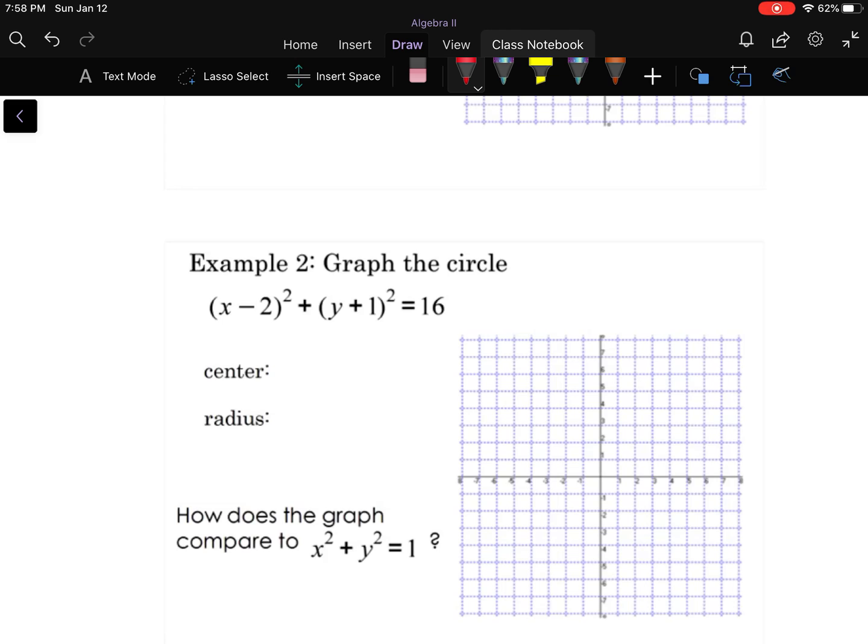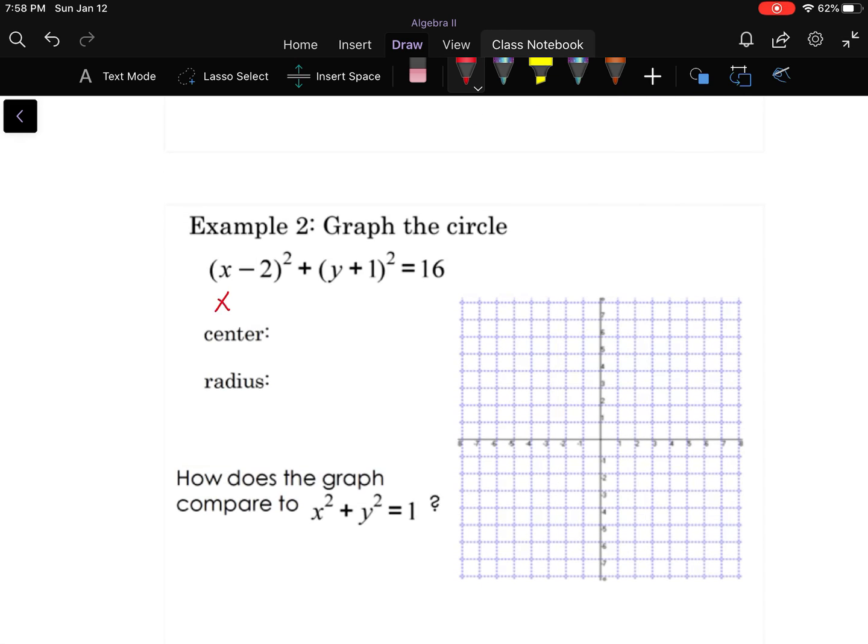I have x minus h, so h is positive 2. Y minus k, so I'm going to make that y minus a negative 1, so negative 1 is the other part of my center. I'll go to 2, negative 1 right there. And 16, take the square root of that and get 4.